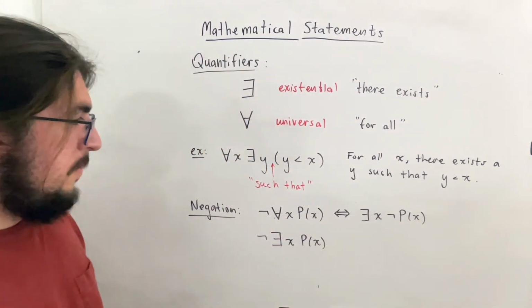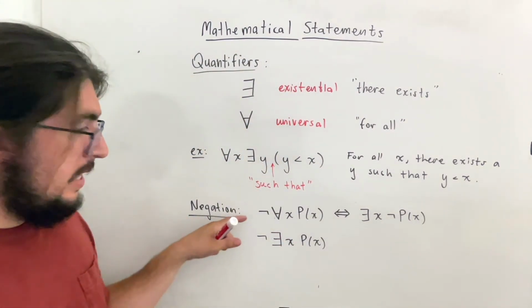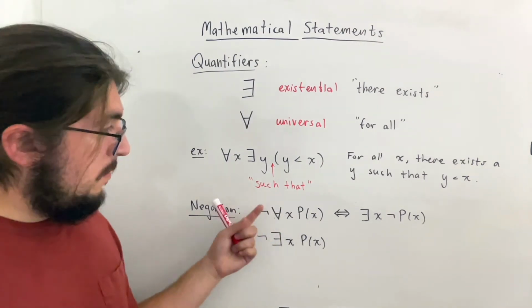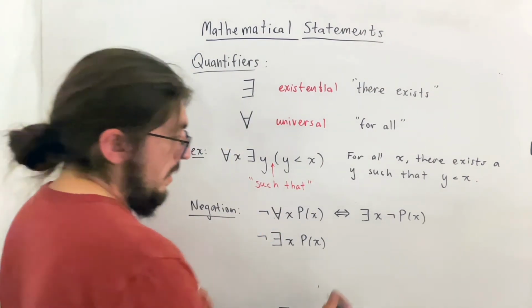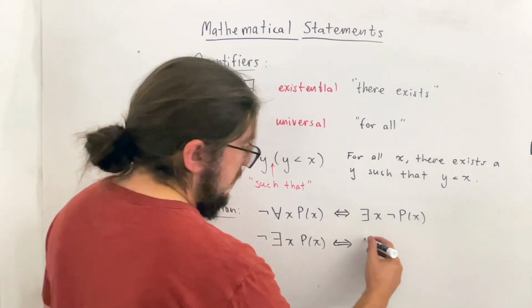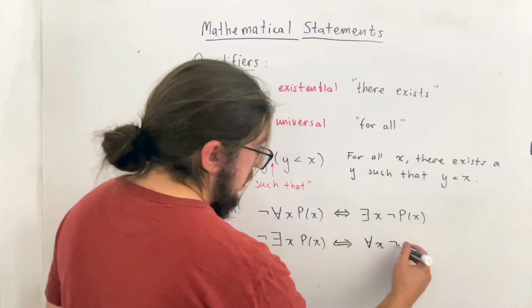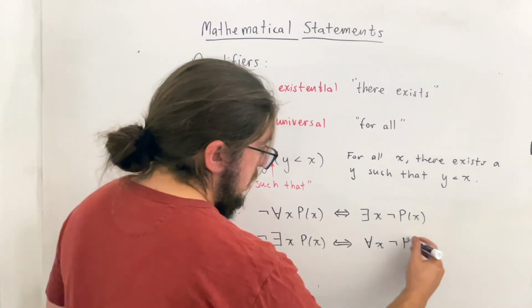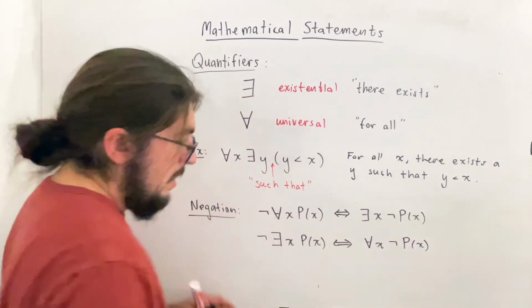So basically you can pass the negation through the quantifier, but the quantifier switches between for all and there exists. Similarly, this statement is equivalent to for all x such that not p. So that's kind of interesting.